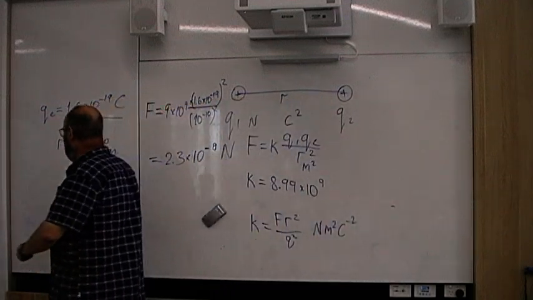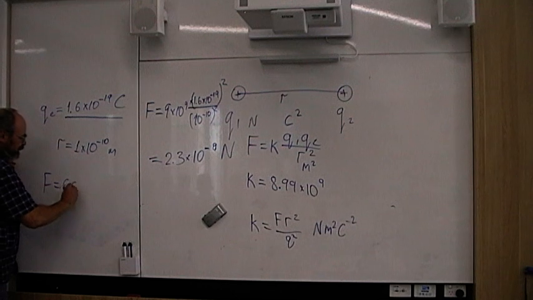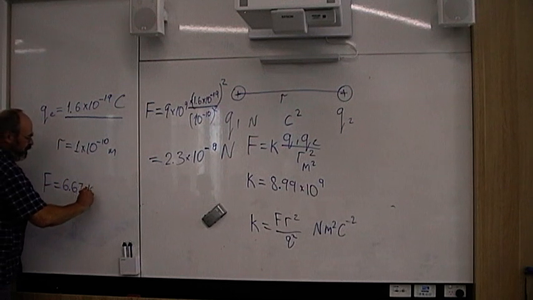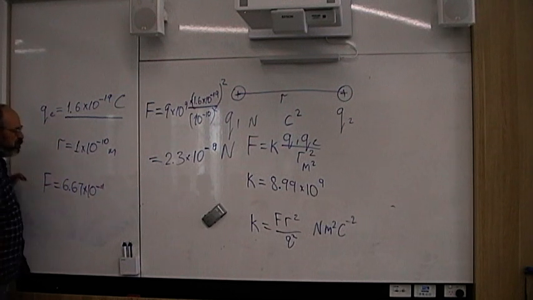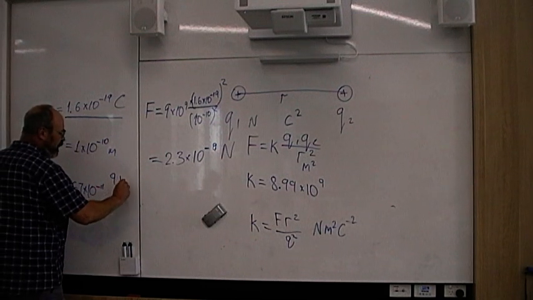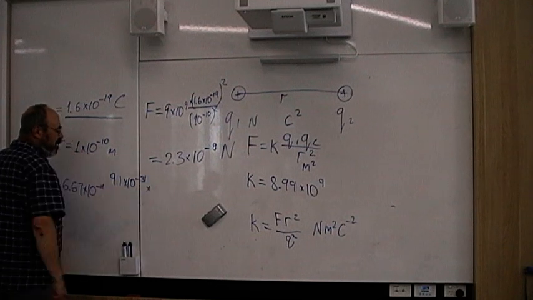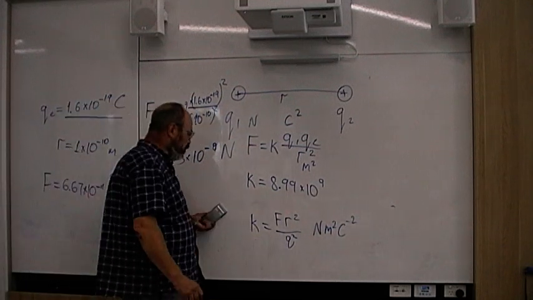So we have force of gravity equals 6.67 times 10 to the negative 11 times mass of electron, 9.1 times 10 to the negative 31, times mass of the proton.